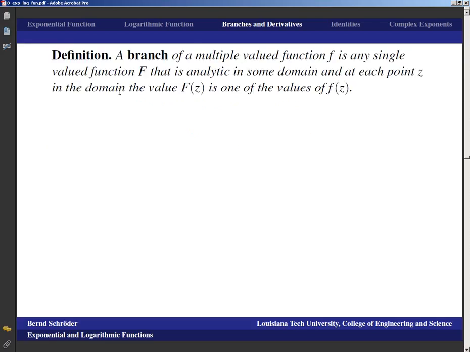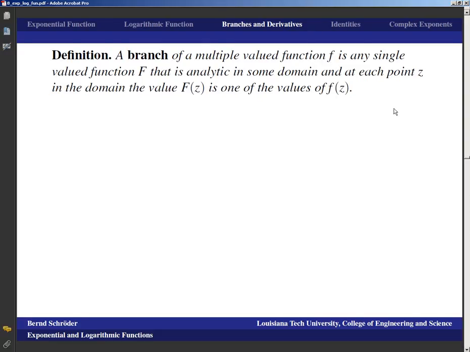Okay, well, now let's talk about branches. When you've got a multiple valued function f, you want to call a branch of that thing any single valued function capital F that is analytic in some domain, and at each point z in the domain, the value of capital F is one of the values of lowercase f.